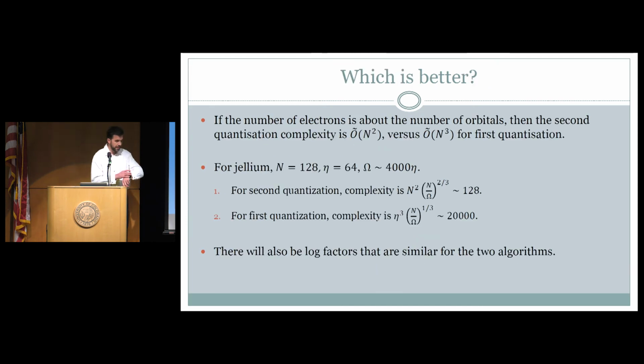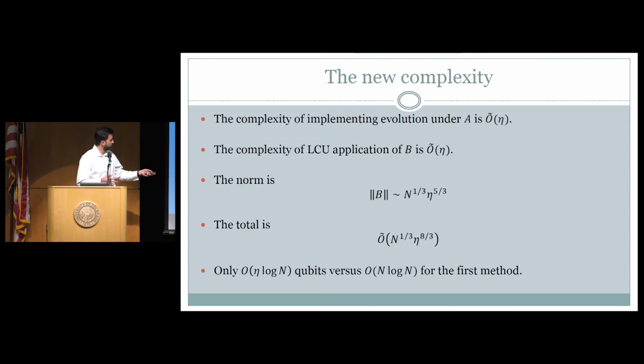So if you're looking in different scenarios, you would either want to use the approach that Guang Hao proposed or the one that I've just explained here. So the case where you'd want to use Guang Hao's approach is where you have high occupation numbers, because there you're paying a cost of n there as well. And if that number of electrons is going like n, that thing is actually going like n cubed instead of n to the 1/3.